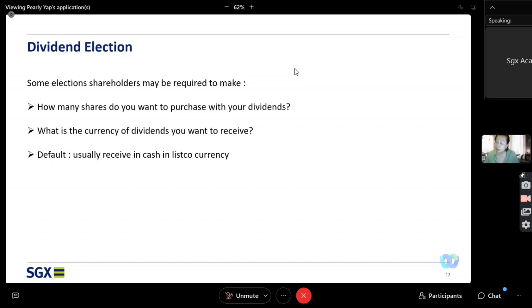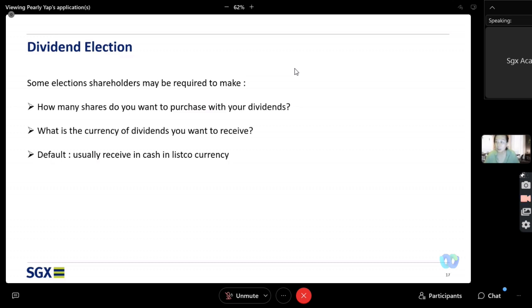Then the company says, you can completely buy $1,000 worth of shares, right? Or you could decide that I only want to buy $500 worth of shares. So there will be a form that you'll fill in, right? And then you will say, how many shares do you want in scrip? How many shares do you want in dividends, right? You will have to read the instructions carefully and fill it up accordingly.